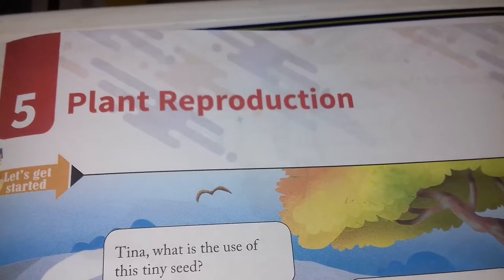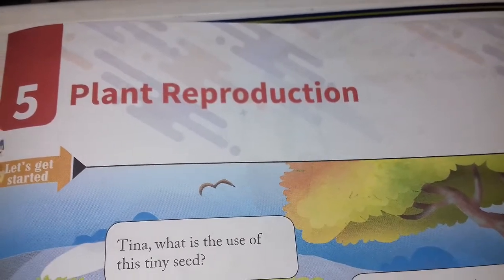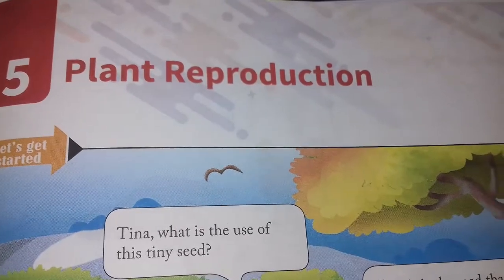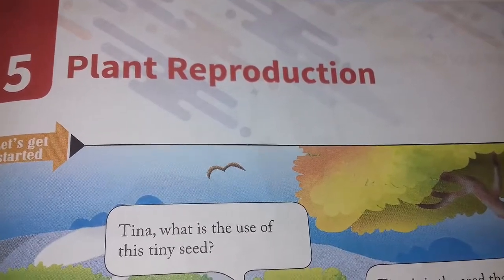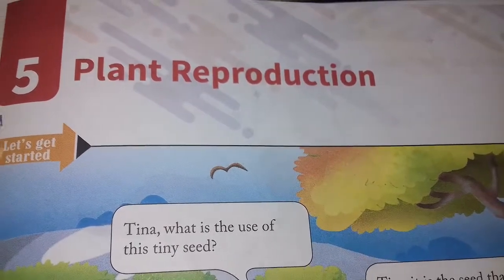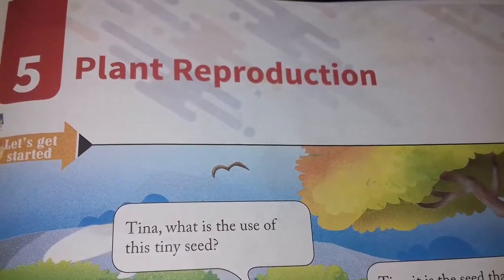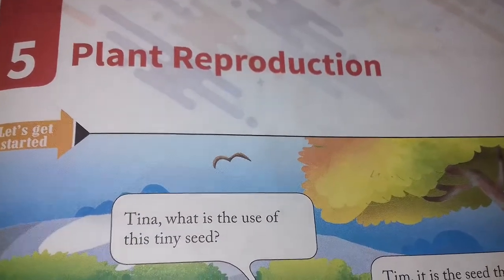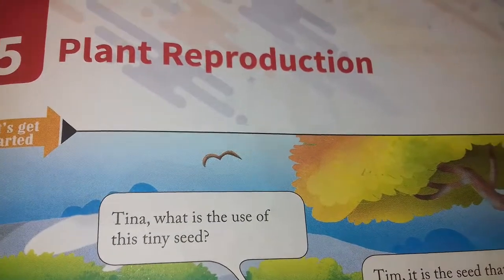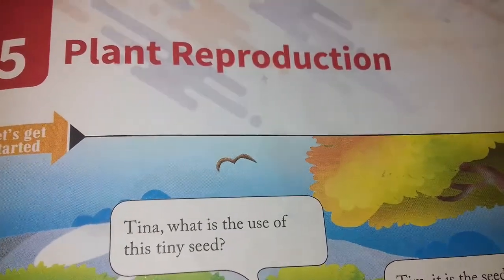The seeds containing only one cotyledon are called what? Can you remember? Monocotyledons. And some seeds contain two cotyledons and they are called dicotyledonous. Okay? I think you all read the chapter, read it properly because the exam is near at hand.